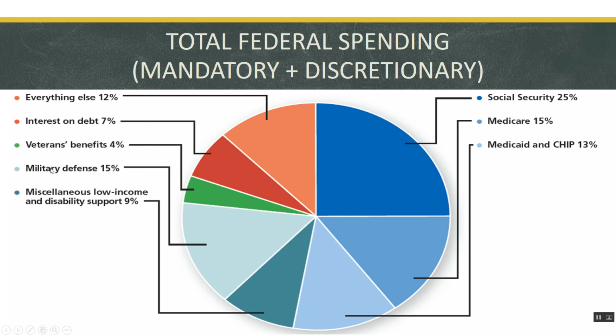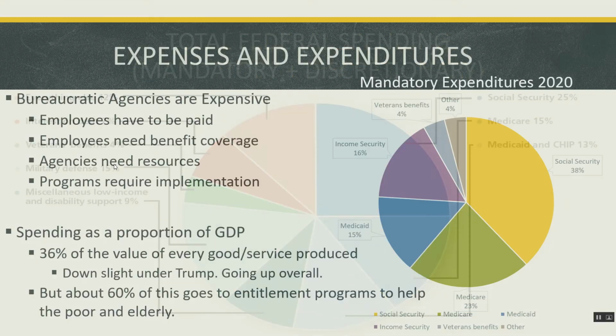And by the way, that number itself is still a little bit misleading, because you hear military defense and you think that all of this is going to building bombs, guns, and aircraft carriers, but that's not true. The majority of the money we spend in military defense goes to providing benefits, coverage, and packages to the active duty servicemen and women and their family or dependents.